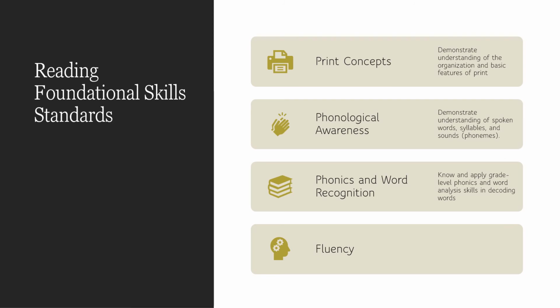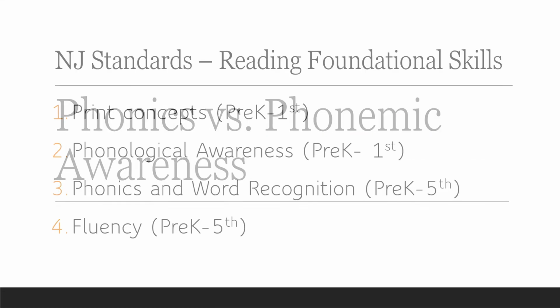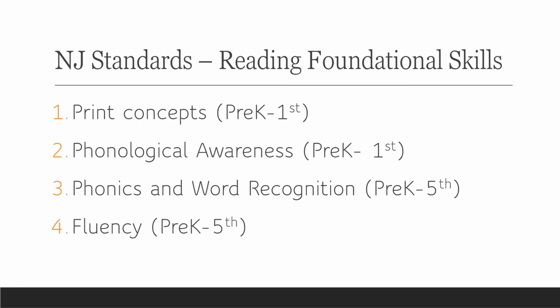Now, our state standards have one of the areas as reading foundational skills. And there are 4 categories here: print concepts, phonological awareness, phonics and word recognition, and fluency. I'm going to show you that same chart again and look at the grade levels.